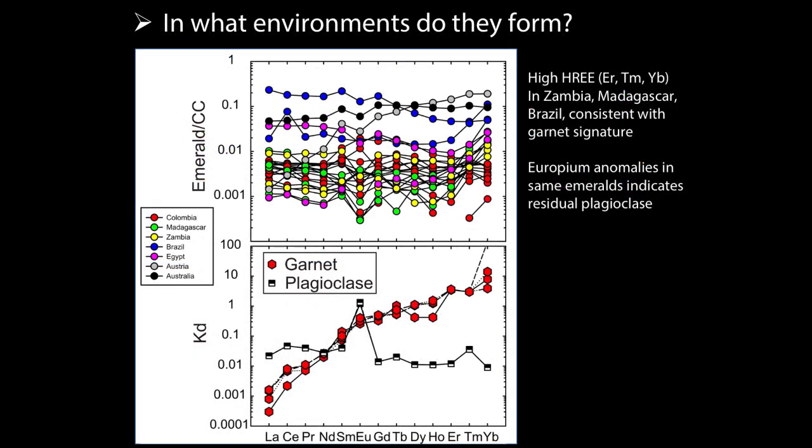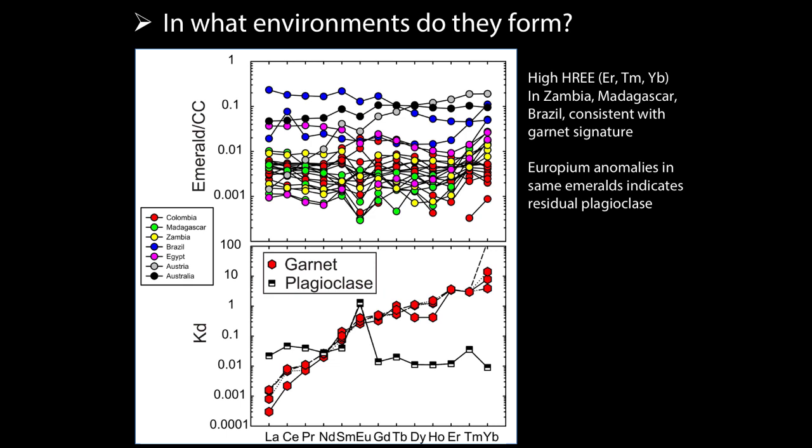And on to my third question: in what environments do these emeralds form? These are the two things I pointed out before from the rare earth elements: the europium anomaly that we see here, except for Colombia, and this upturn on erbium and ytterbium towards the end of the heavy rare earth elements.